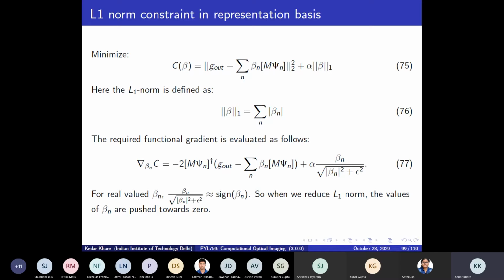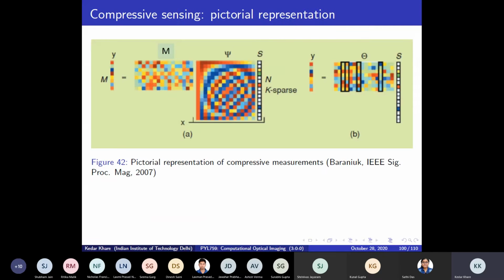I would like to take an example where this sort of thing appears, and the example I'm going to take is from a problem in medical imaging. Before I go to the problem, here is one more pictorial representation of what we are doing. Again, this is taken from the tutorial that I have put online.